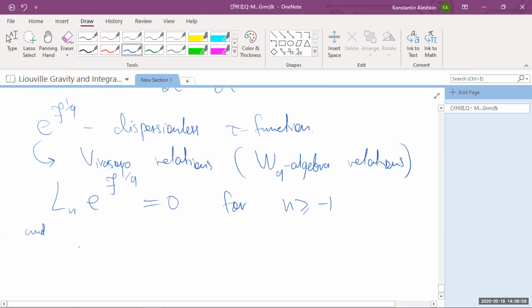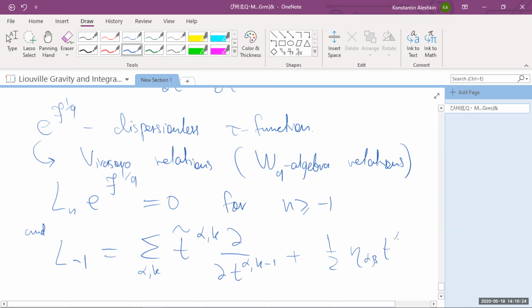So I'll write only L minus 1 because I will need only L minus 1. So it is a differential operator in T's, which looks like this: t twiddle alpha k d over dt alpha k minus 1 plus some constant term 1/2 eta ab t alpha 0 t beta 0.